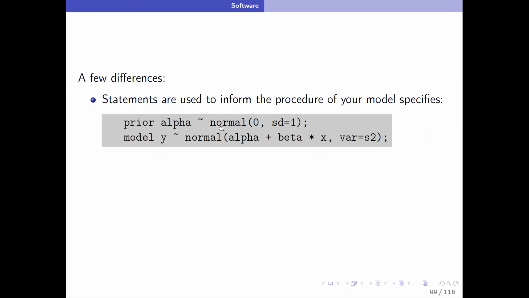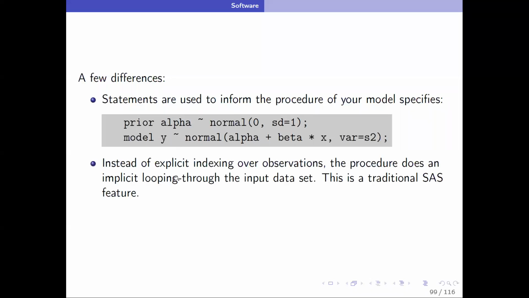So PRIOR tells the procedure the alpha, the prior distribution, and MODEL informs the likelihood. And instead of explicitly indexing the for loop of I through J, the procedure does an implicit looping through the input data set behind the scenes. This is a traditional SAS feature.